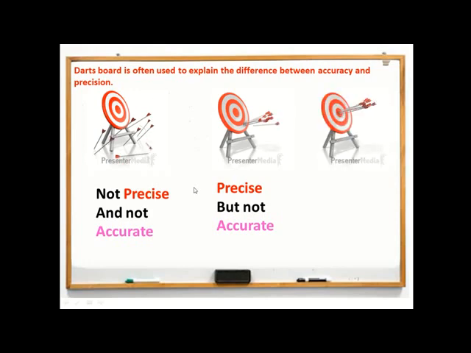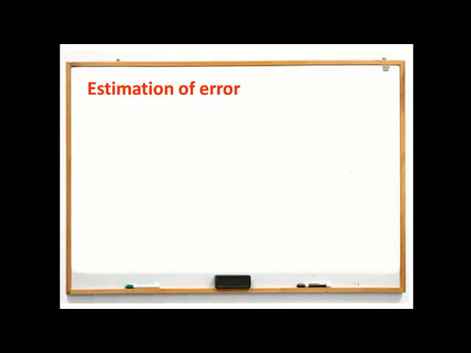But in the last case, every arrow hits the target exactly at the center, and all are precise as well as accurate. And this is the meaning of accuracy and precision.